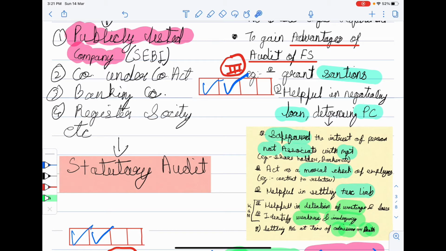Next, it helps in settling tax liabilities. Next, it also helps in detection of wastages and losses, identifying weakness and inadequacy, settling accounts at the time of admission and death. So these are some of the advantages of audit.